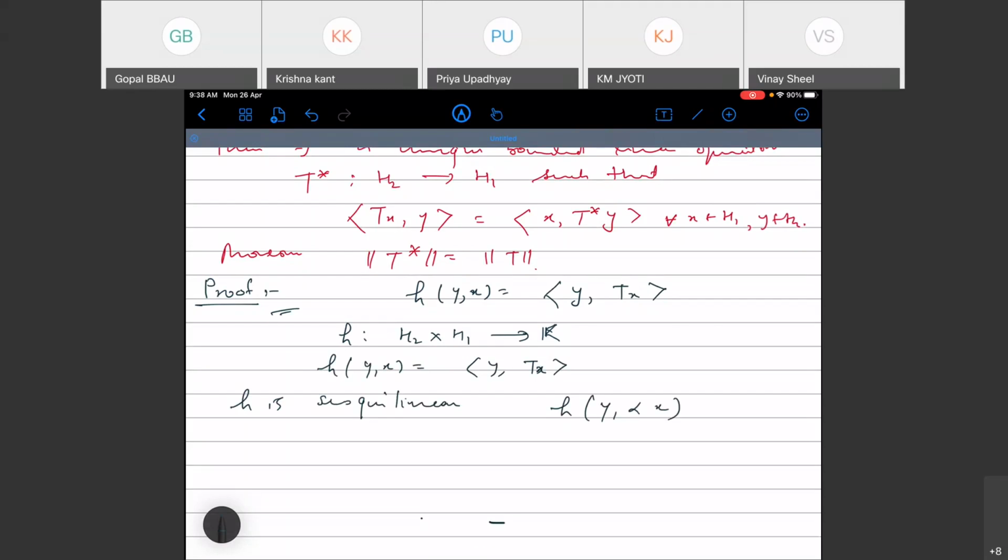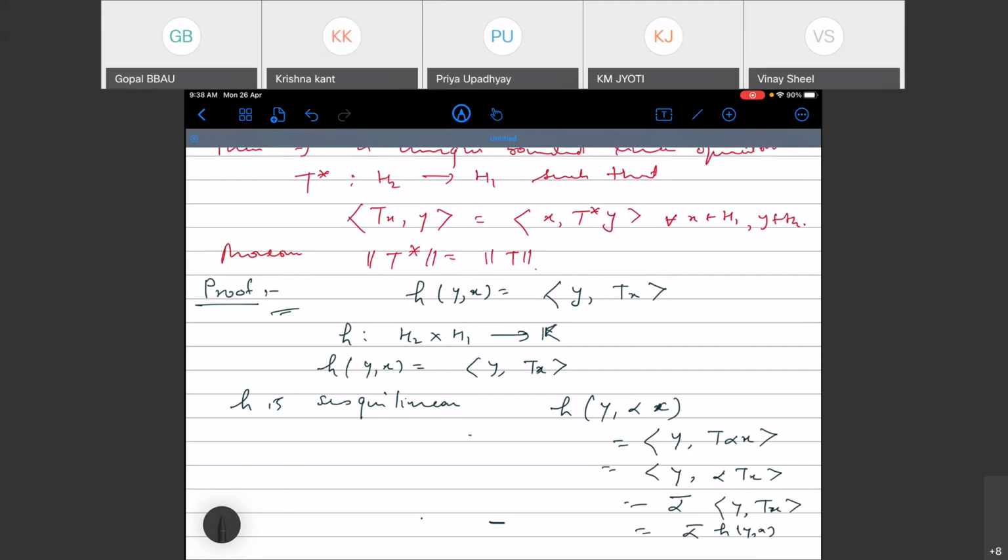The only thing that needs to be proven is this: ⟨y, T(αx)⟩, but T is linear, so this is α Tx, and this is nothing but ᾱ⟨y, Tx⟩, and ⟨y, Tx⟩ is nothing but h(y, x), so ᾱ h(y, x).